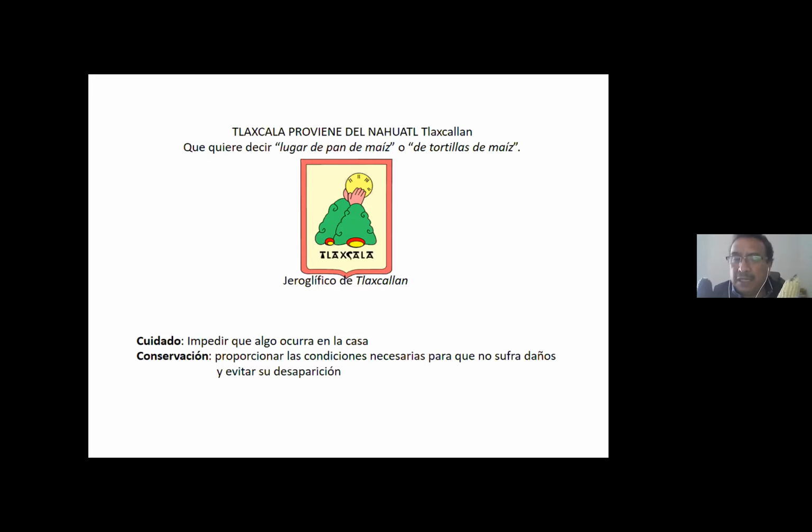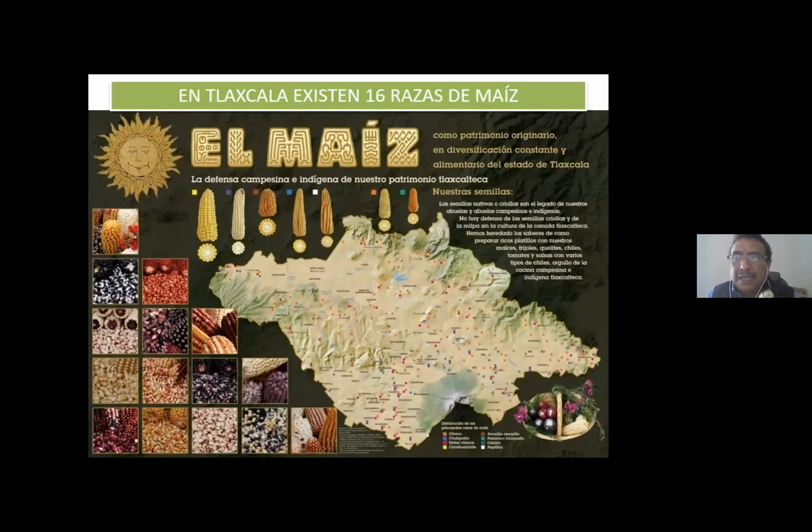And this is something to conserve. You conserve and you save the seeds to create the conditions to prevent the disappearance of this valuable product, this valuable seed that you all have been talking about.